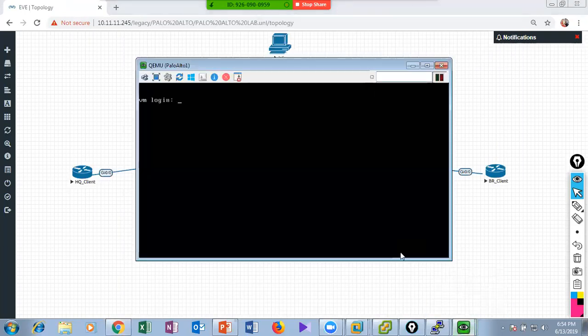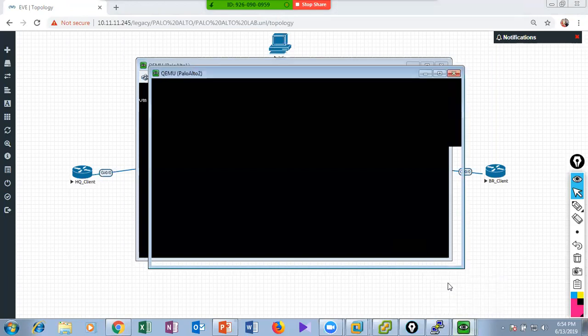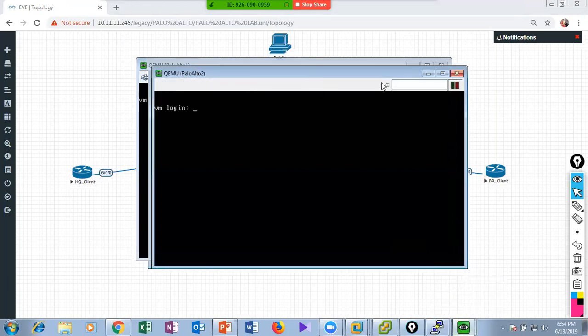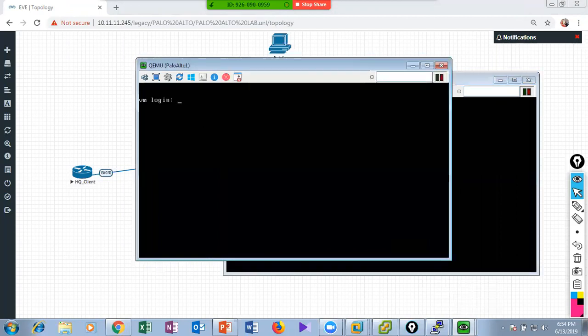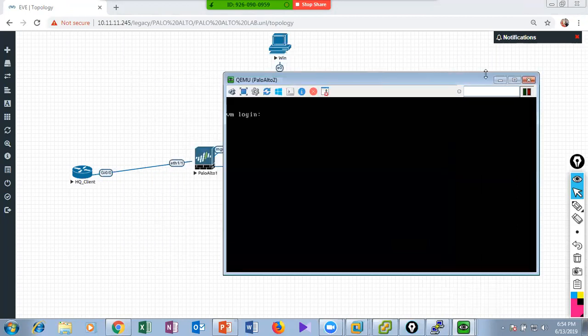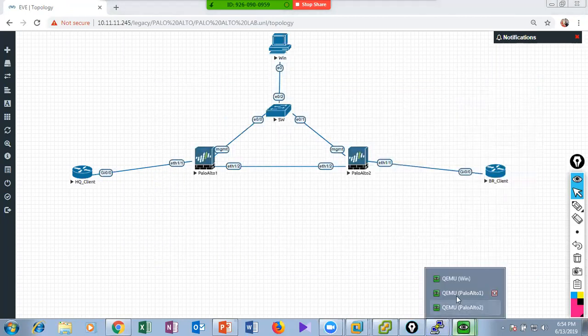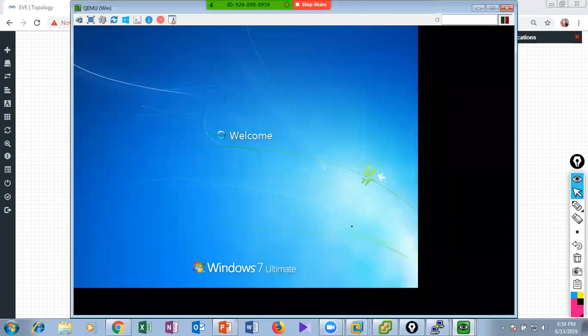Okay, it is ready for login. Palo Alto 2 is also ready for login. Initially, it won't allow you to log in immediately, right? So just wait. Let's see this PC also coming up.